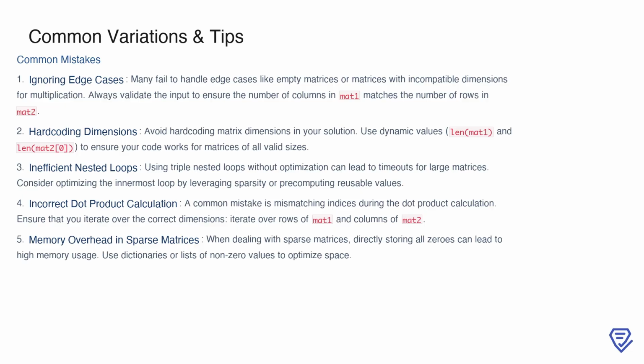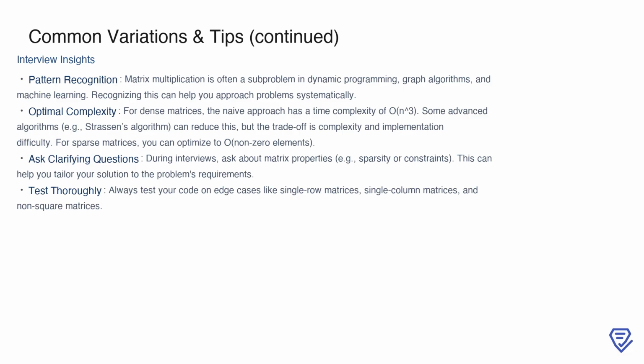Matrix multiplication often shows up as a subproblem in areas like dynamic programming, graph algorithms, and machine learning. Recognizing this pattern can help you systematically approach related problems. For dense matrices, the naive approach has a time complexity of O(n cubed). However, there are more advanced algorithms, like Strassen's, which can reduce this complexity to about O(n^2.81).